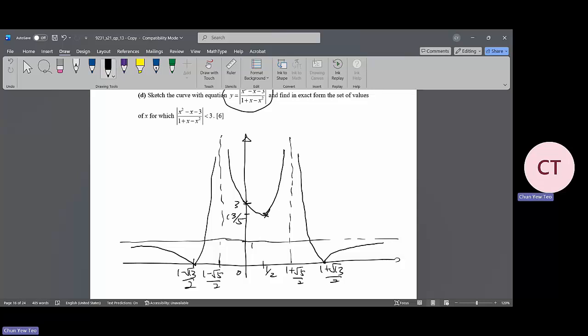So now we are looking for the inequality that is less than 3. So 3 is over here. Less than 3 means we are looking for the graph that is below the line. So we need to find the intersections. Four values over here to be found.